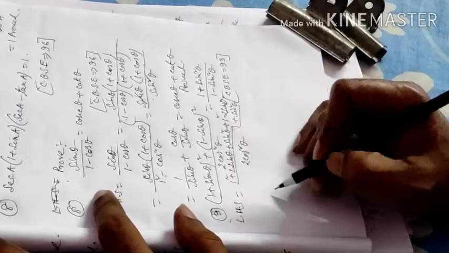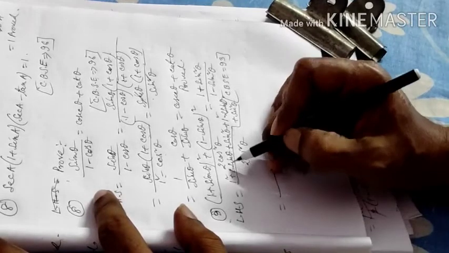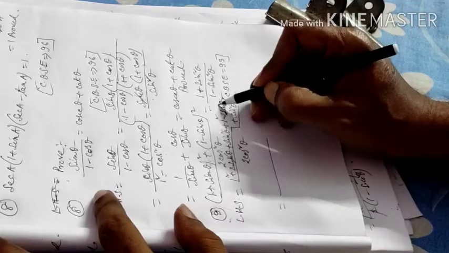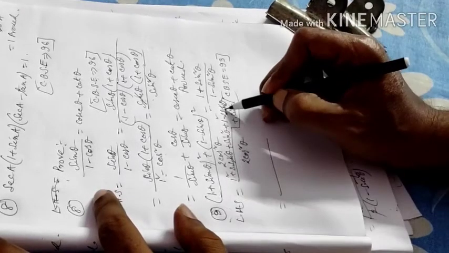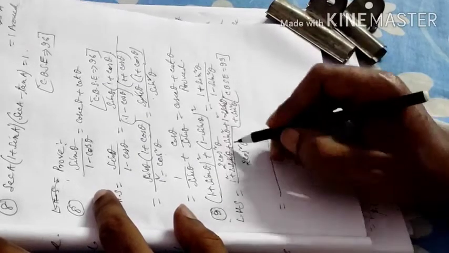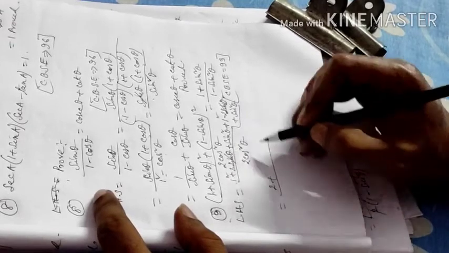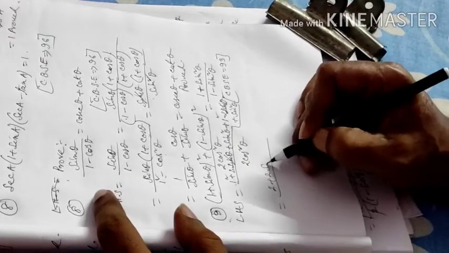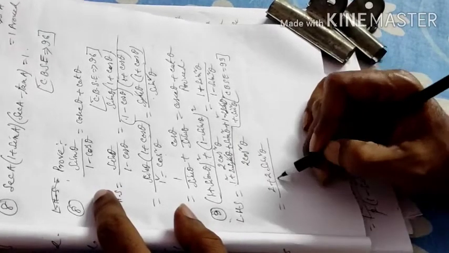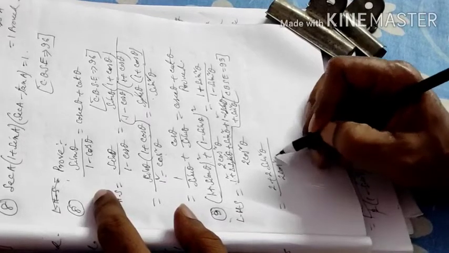So the 2 sin theta plus 2 sin theta minus 2 sin theta will cancel out. So 1 plus 1 is 2, plus sin square theta plus sin square theta is 2 sin square theta, by 2 cos square theta.